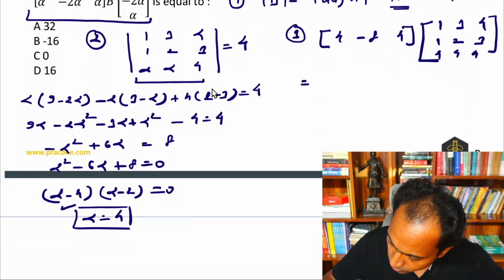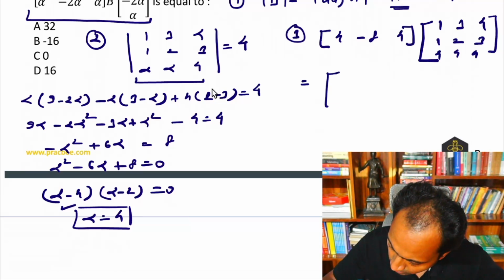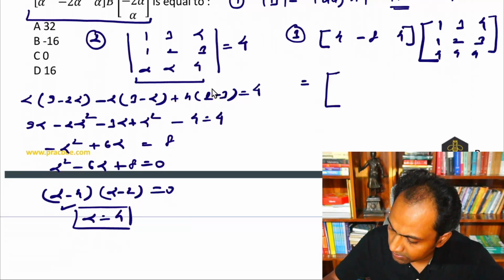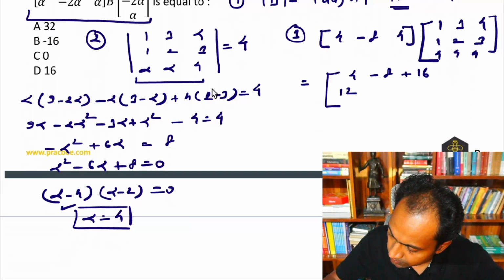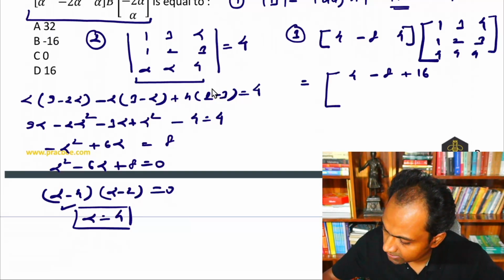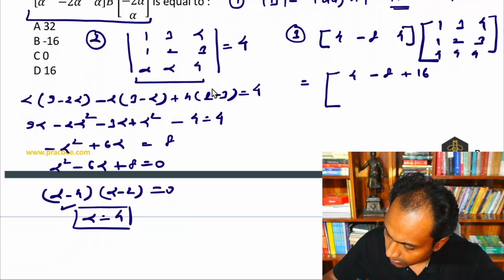So this comes out to be nothing but, it will multiply with the first row and generate 4 minus 8 plus 16. Then it will multiply the second one and generate 12 in the same row. So all of them will come in the same row. So this is the first element of the row. Let us write the second element.